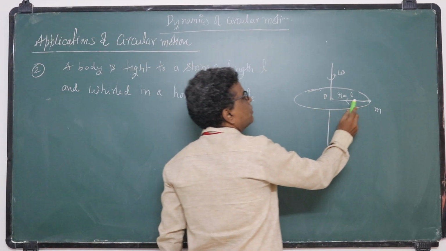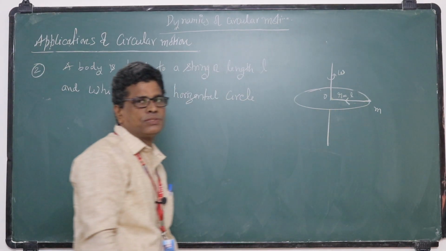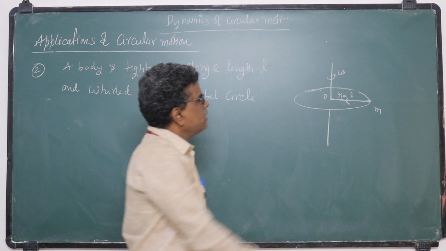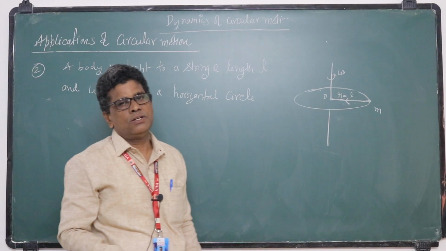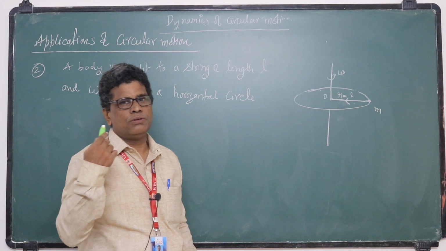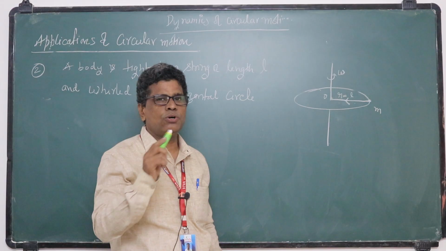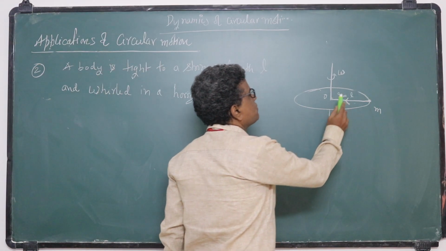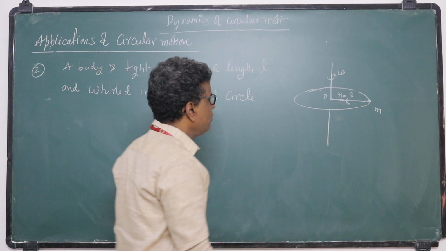The tension in the string will provide the necessary centripetal force to the body. That is the concept involved here. The tension in the string has its own breaking strength. If you rotate it more than that, the string will break and the stone will fly off tangentially.